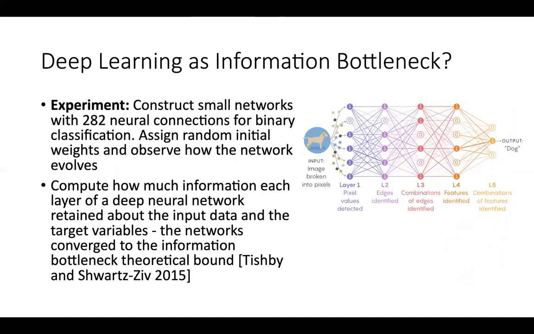And what they observed was that over the course of iterations, the network converges to the information bottleneck theoretical bound. So it seems that the network is actually learning some minimal representation. We can think of moving from one layer to the other as learning the different hierarchies of concepts.